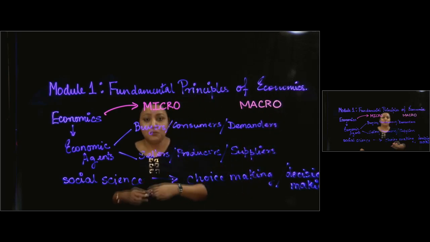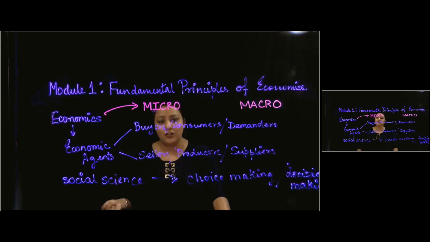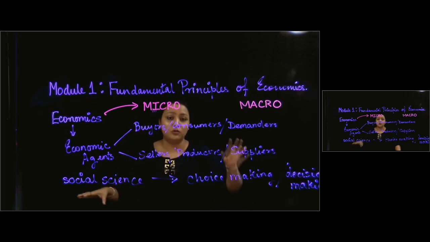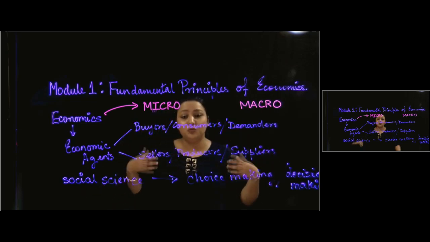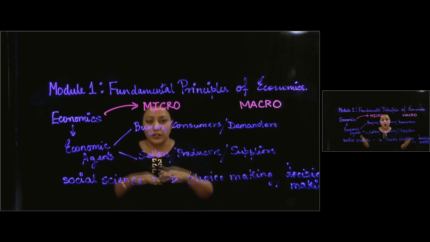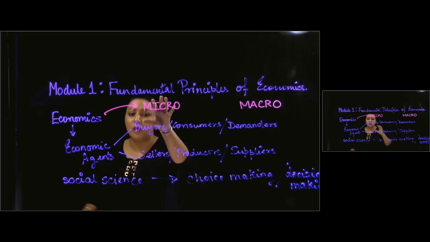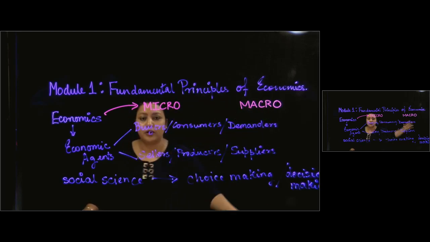You guys are lucky because in this course we are not specifically going to talk about a certain branch of economics. Rather, we are going to talk about the two branches. We are going to talk about some micro concepts and we are going to talk about some macro concepts, which will give you an opportunity to understand how they work in coordination with each other. But before we get there, let us first understand what is microeconomics and what is really macroeconomics.